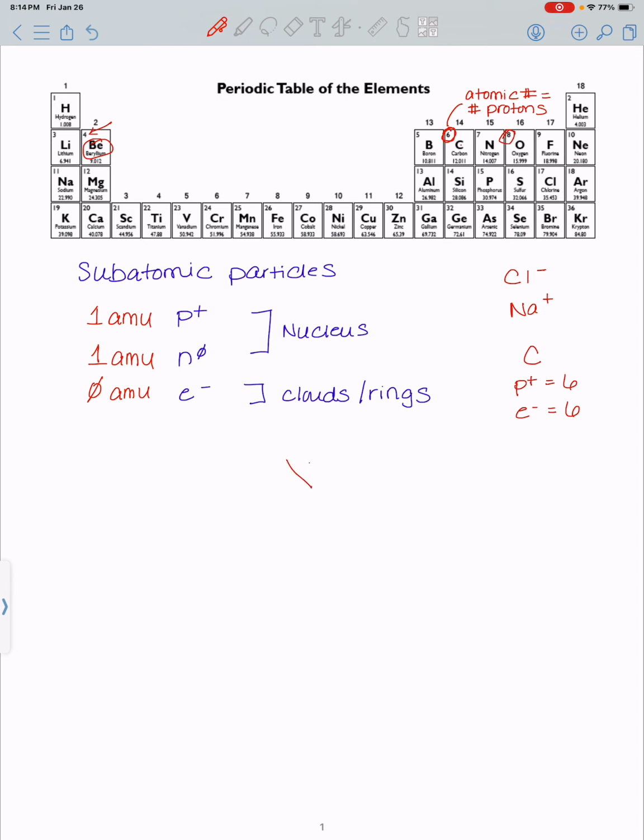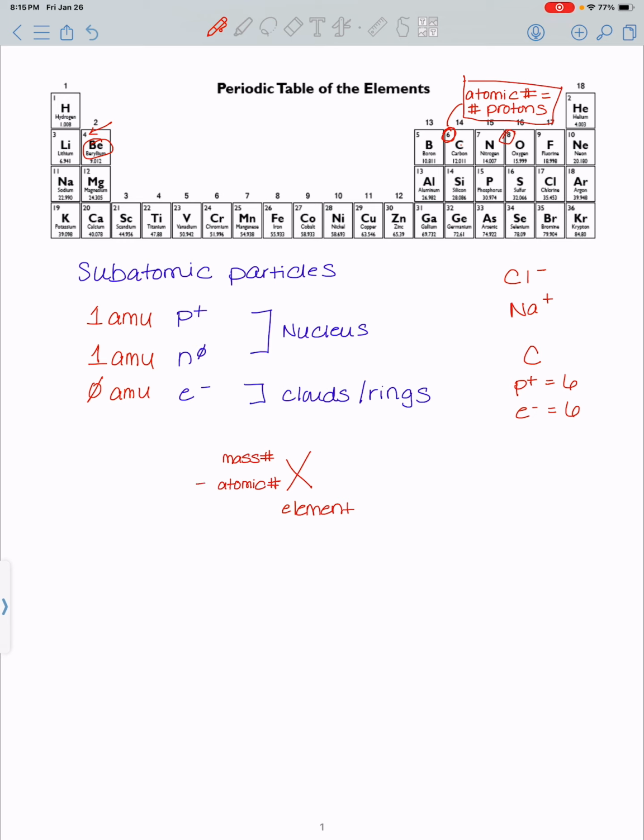So I'm just going to write an X right here to represent any atom or element. And they're typically written with the mass number as a superscript on the left and the atomic number below it. And remember, up here, the atomic number is equal to the number of protons.